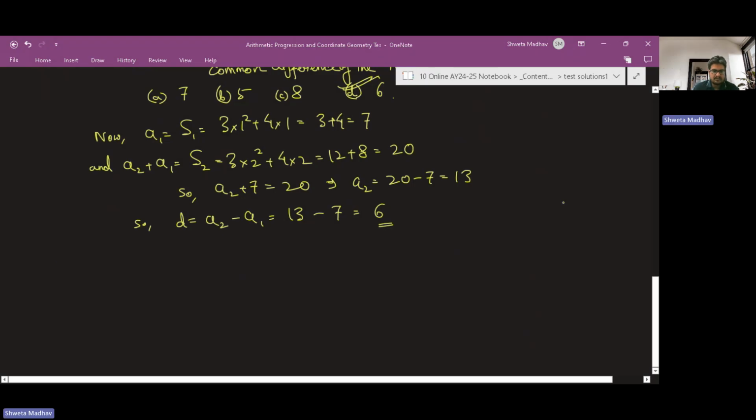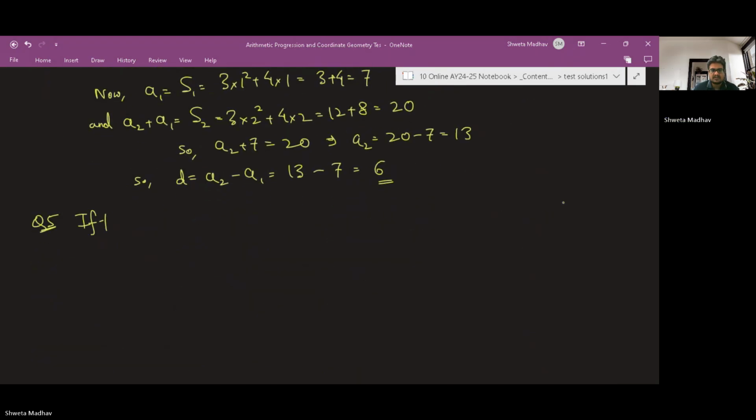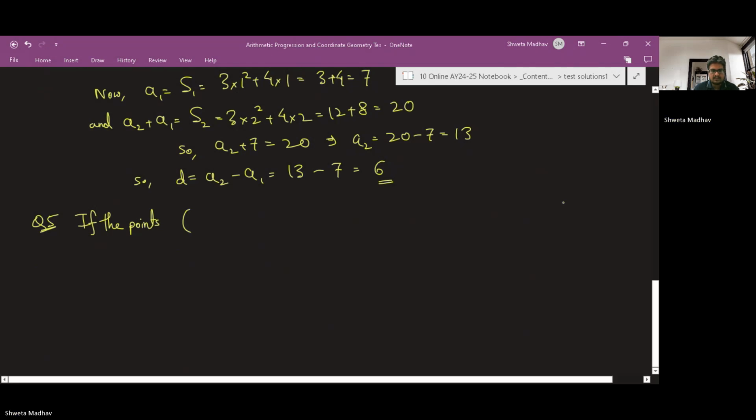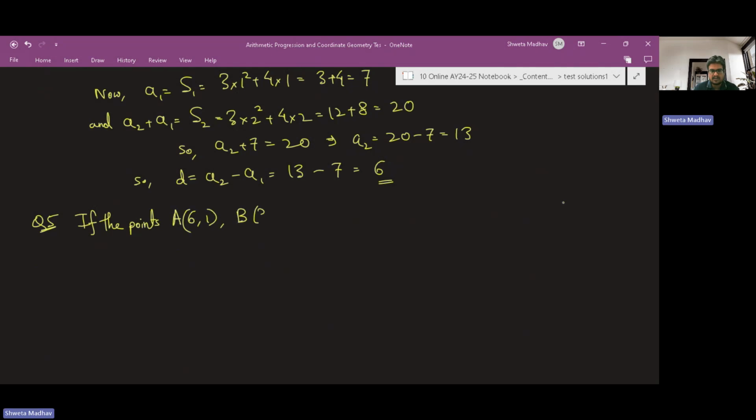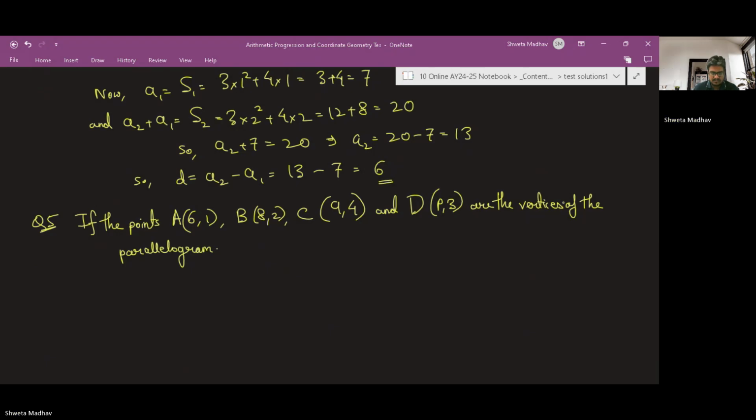Then in question number 5, it is told that if the points A which is 6, 1, and B that is 8, 2, and C that is 9, 4, and D that is P, 3 are taken in order, then the value of P is.